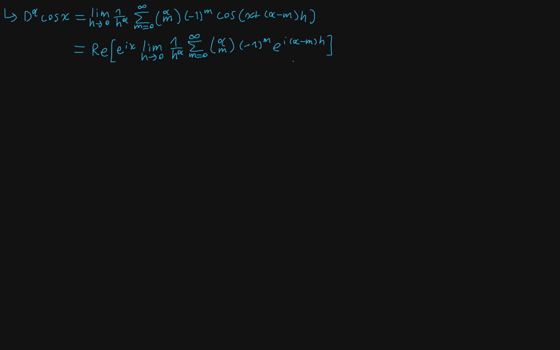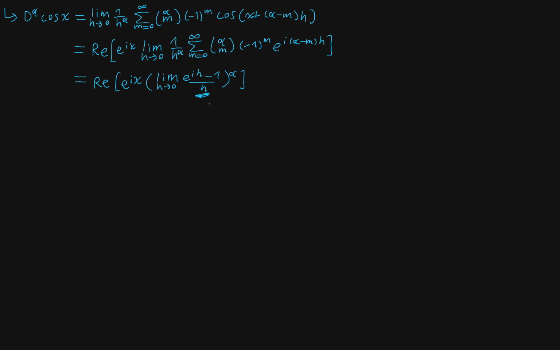Alright, so over here you can see that we have the structure of the binomial theorem. Specifically, we have e to the ih minus 1, and it's to the power of alpha. So we're going to get here the real part of e to the ix, pull out the alpha. We're going to have the limit as h approaches 0 of e to the ih minus 1 over h, all to the alpha over here.